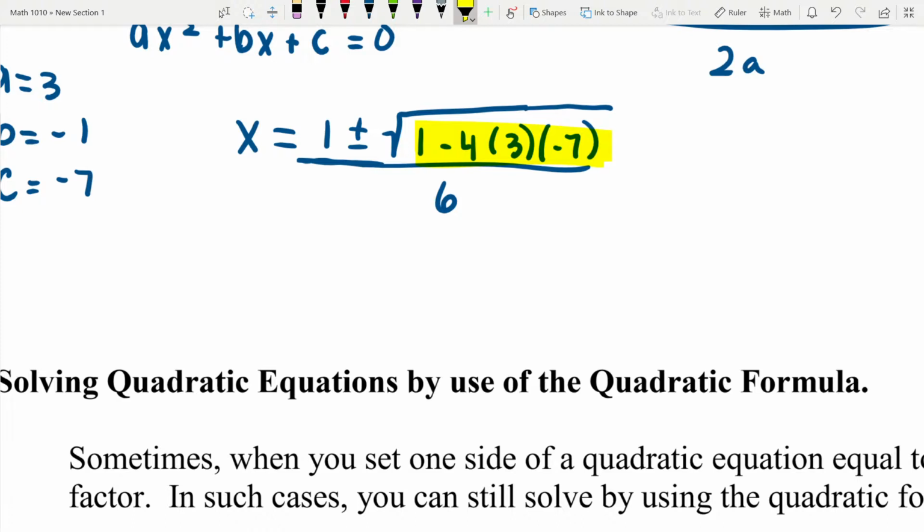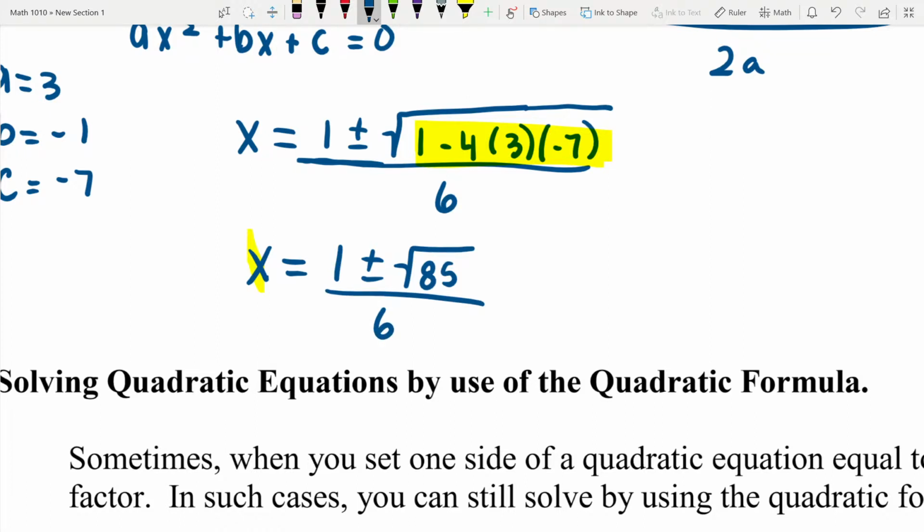So everybody go 1 minus 4, parenthesis 3, close it, parenthesis -7, close it, hit enter, and I get 85. So I want you to write x equals 1 plus or minus the square root of 85 all over 6.